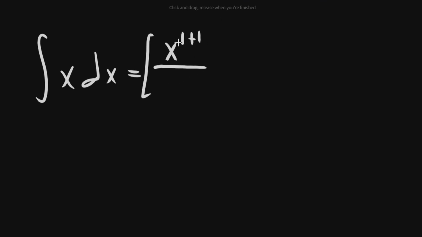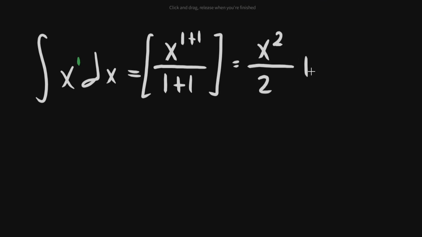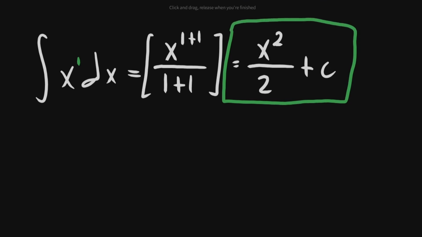Since we have a 1 exponent, there's always a 1 here. Keep that in mind. So we go 1 plus 1, and 1 plus 1 is equal to 2. Then all over 2 plus c. And that, everyone, should be your final answer.